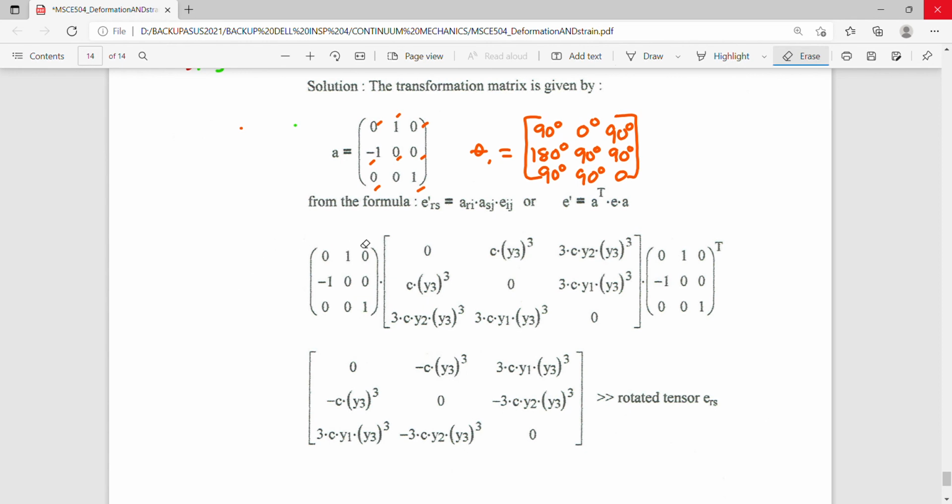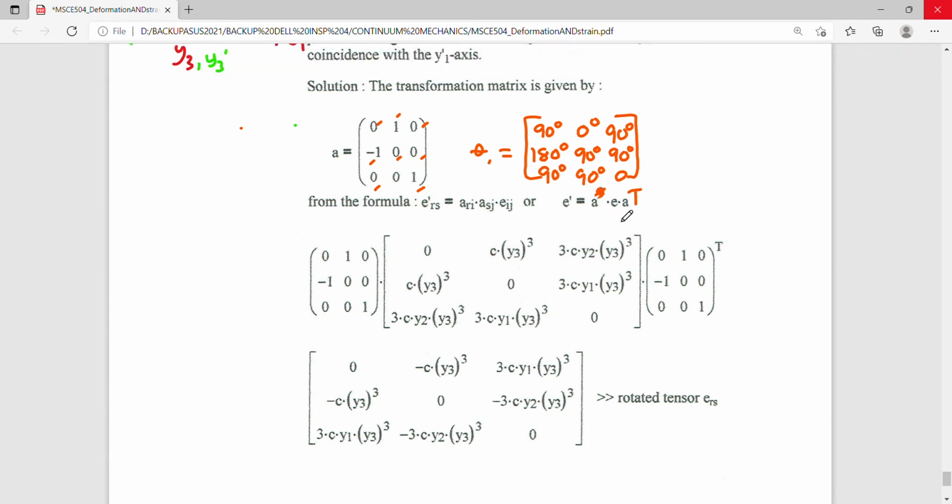From the formula, E prime rs equals a_ri a_sj E_ij. This is a transformation formula I already discussed in the analysis of stress. It can be better manipulated using matrix multiplication, but I'd like you to change this to this one, since there's an error here. It's the A E A transpose formula.